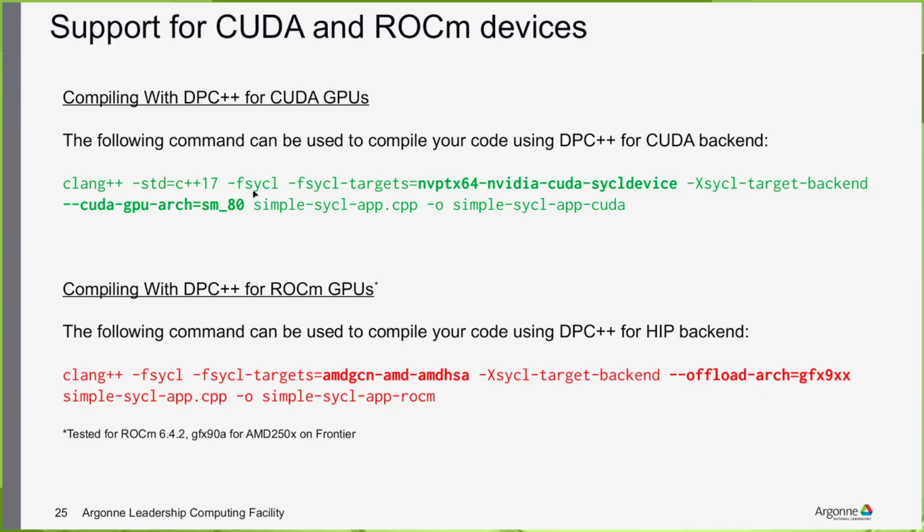Here we pass -fsycl-targets and say that we target the NVPTX backend, indicating NVIDIA GPUs, and you can even say what GPU architecture you would like to target. This is ahead-of-time compilation. This way you could target the NVIDIA backend. Similarly, if you're targeting ROCm or HIP GPUs, you could do exactly the same.